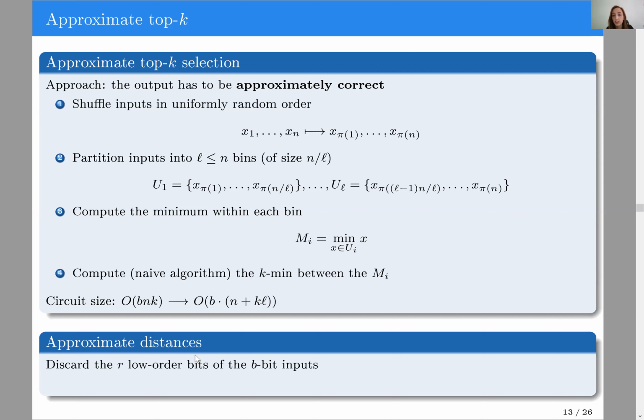And then you're going to compute the minimum of those elements in the dataset. So in practice, what you do is you permute your dataset, you compute a distance between the query and all the points, take the minimum between those bins, and then extract the k minima in all those bins.